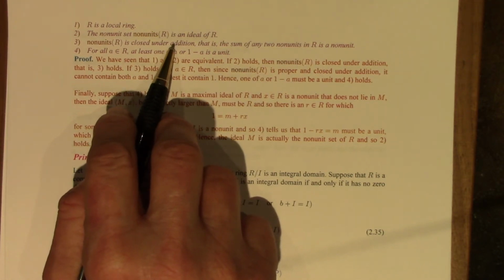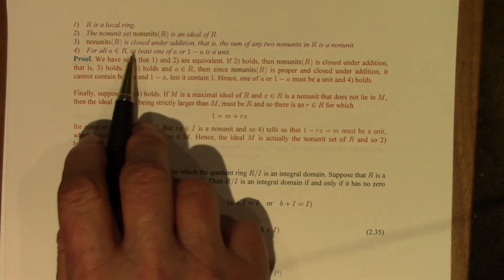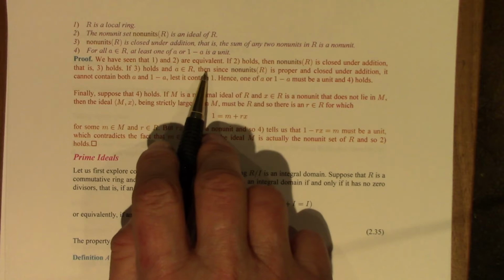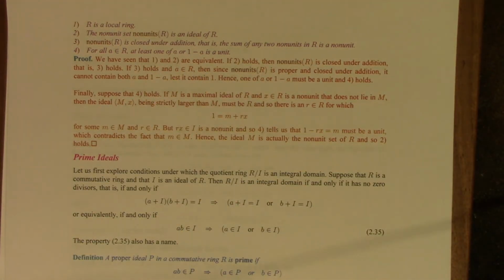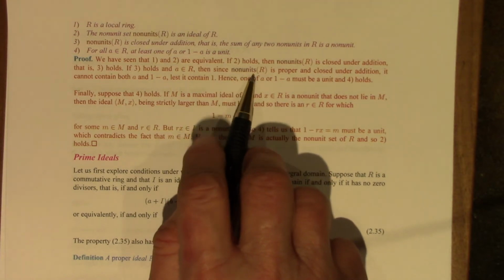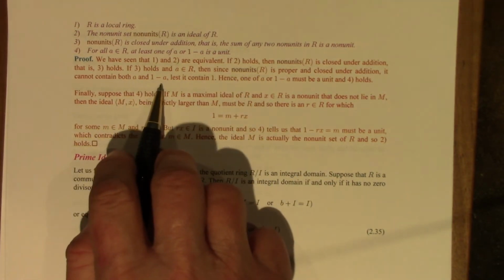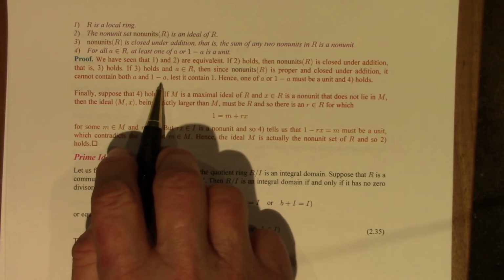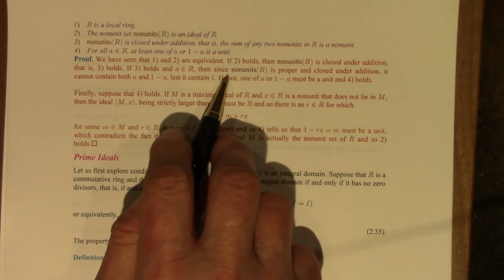If 3 holds, and we take an element A in R, then since the non-units form a proper set of the ring and are closed under addition, the non-units of R cannot contain both A and 1 minus A, because if it's closed under addition, then it would contain their sum, which is 1, and it wouldn't be proper.